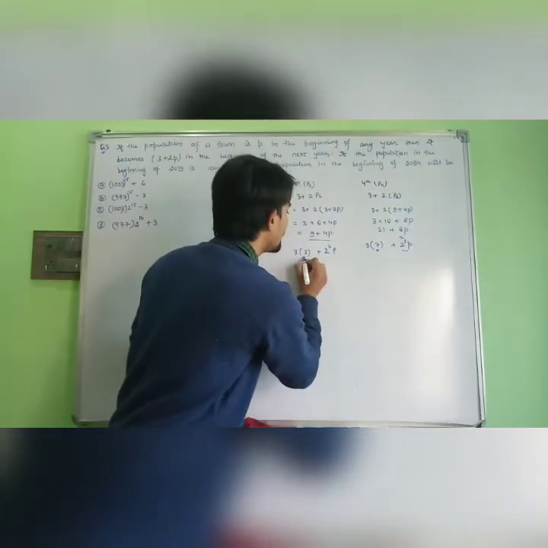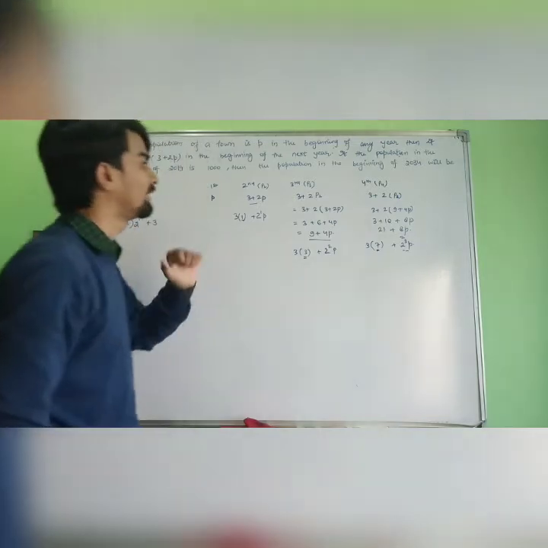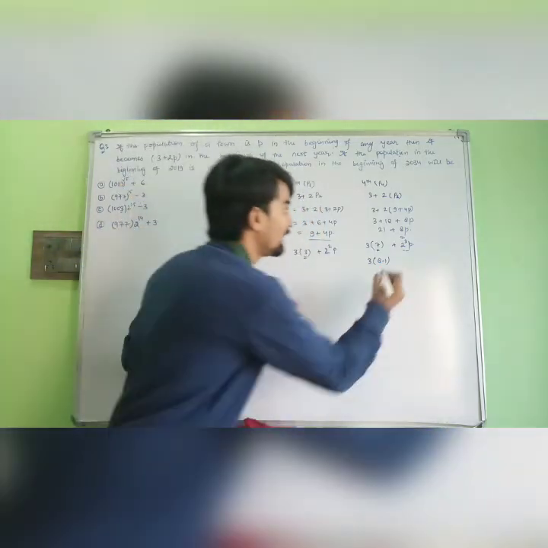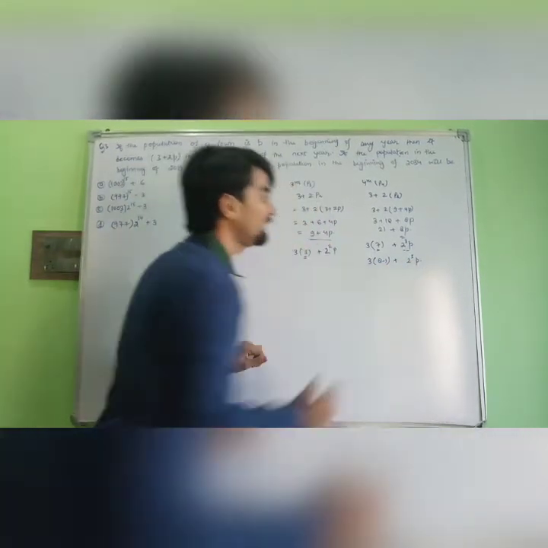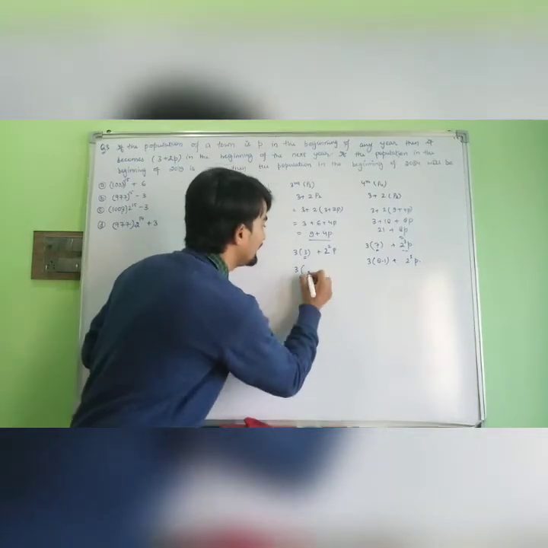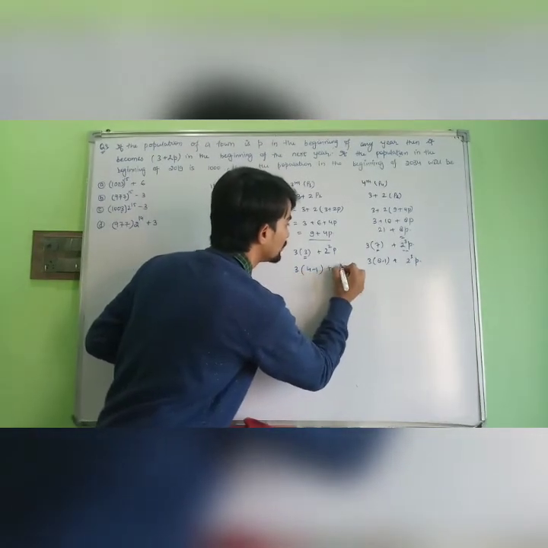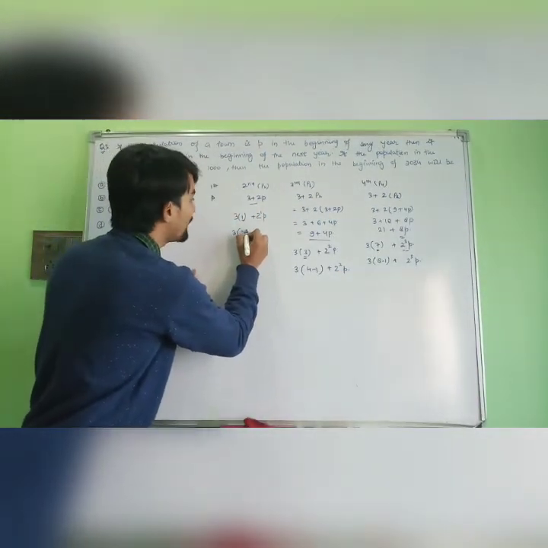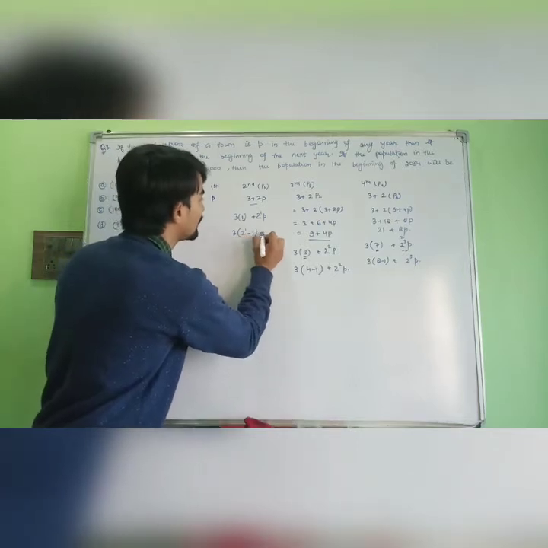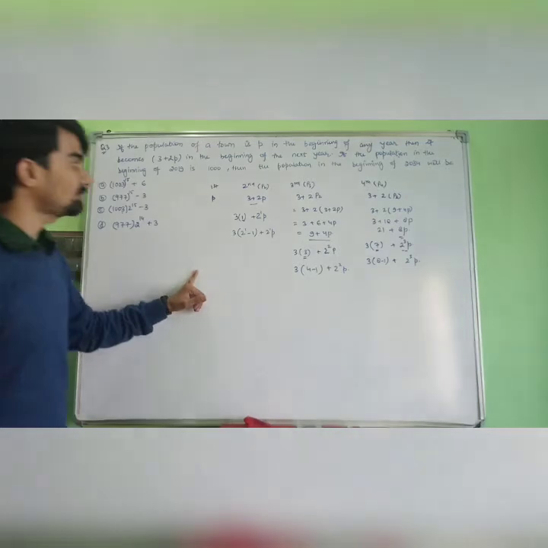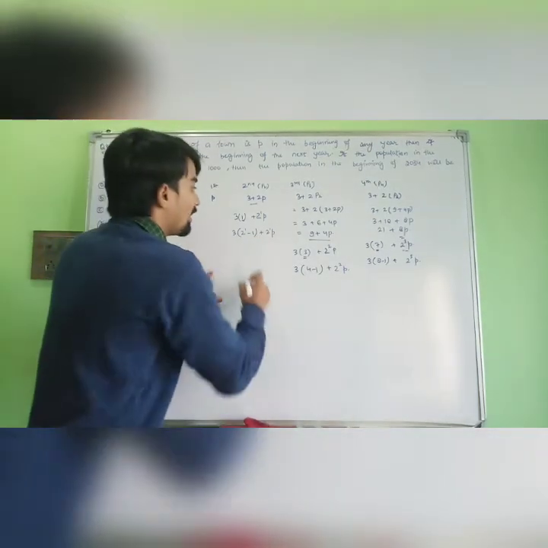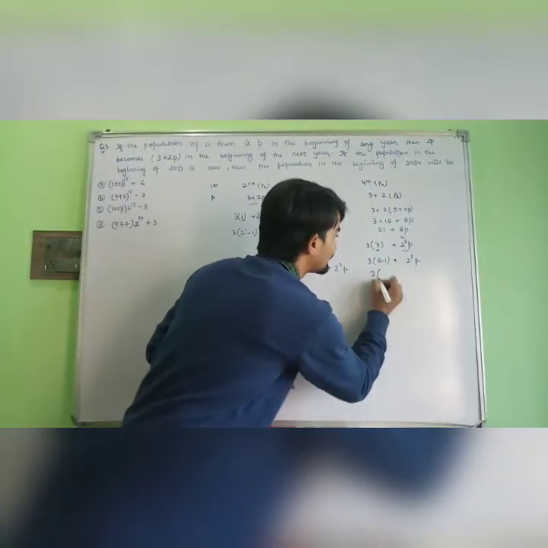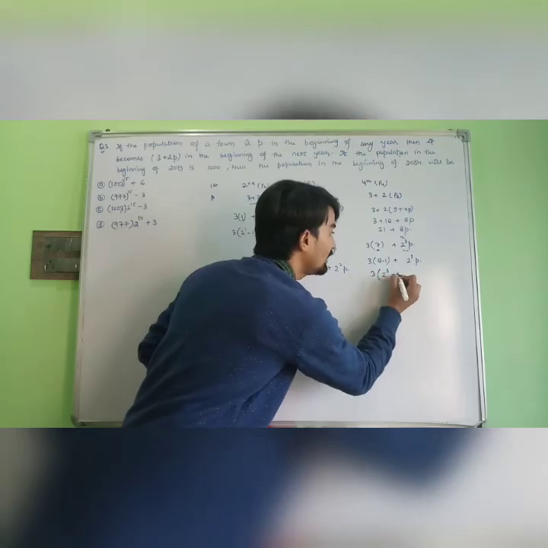Now we have to make a pattern or series for 7, 3 and 1. What is 7? 7 is 8 minus 1, plus 2 to the power 3 into P. What is 3? 3 is 4 minus 1 plus 2 to the power 2 into P. What is 1? 1 is 2 to the power 1 minus 1 plus 2 to the power 1 into P. Let's write what 8 is: 8 is 2 to the power 3 minus 1.